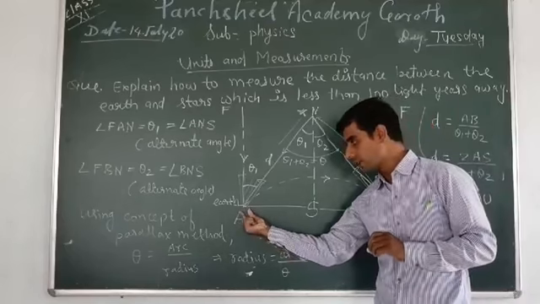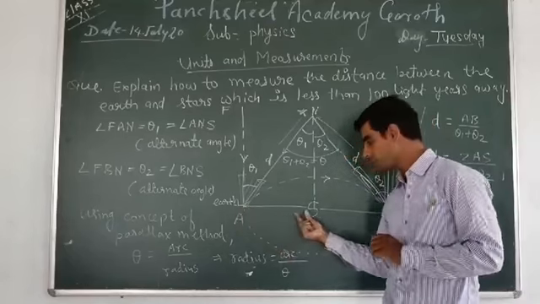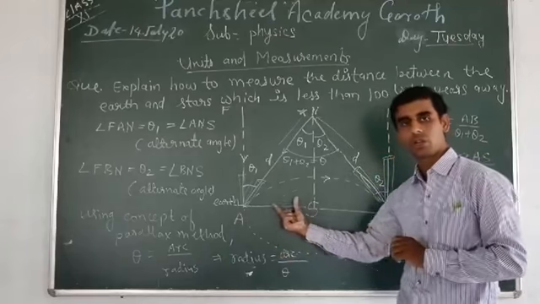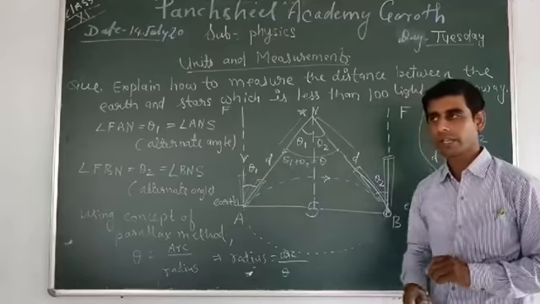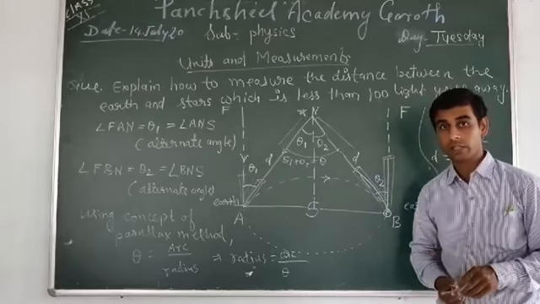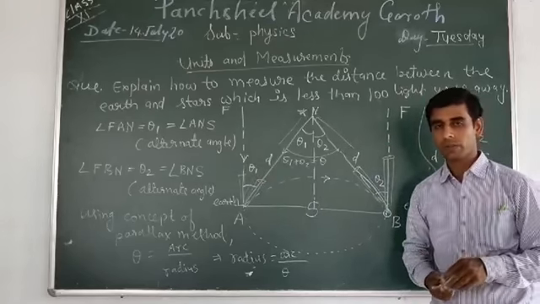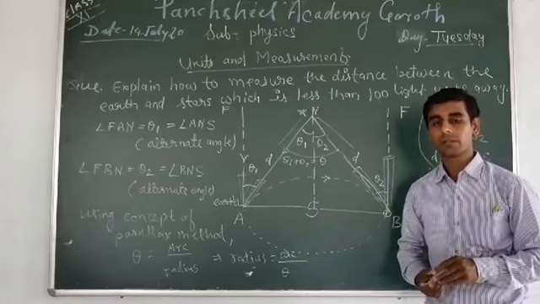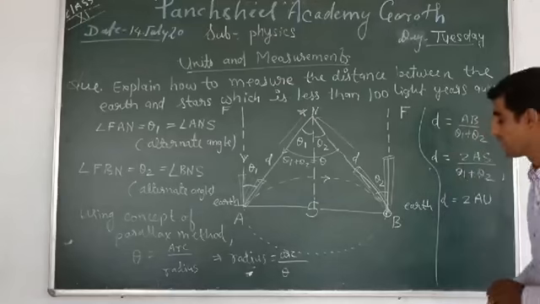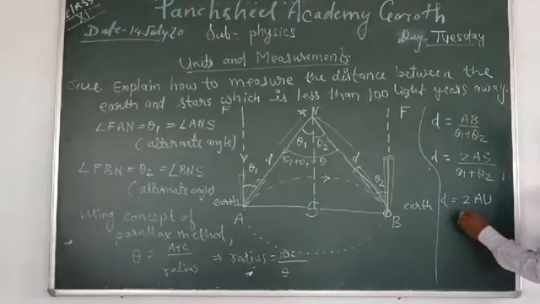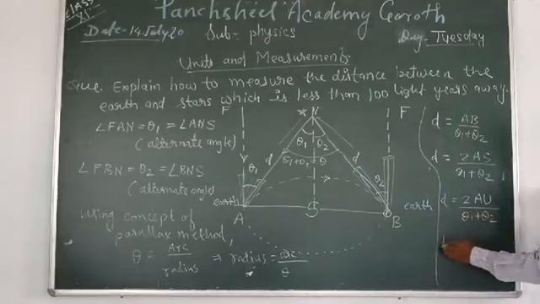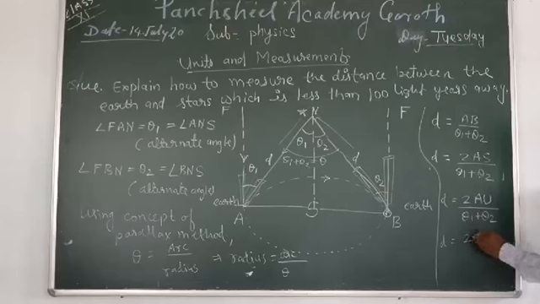Because it is the distance between the center of Earth and the center of Sun. It's called 1 astronomical unit. And what is the value of 1 astronomical unit? 1.5 into 10 to the power 11 meter. Okay, so d equals 2 into 1.5 into 10 to the power 11 upon theta 1 plus theta 2.